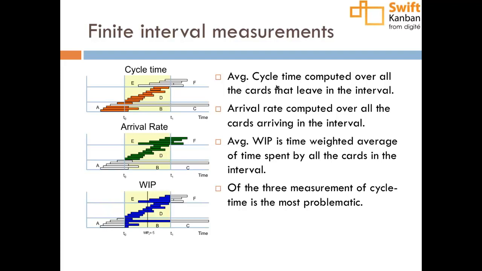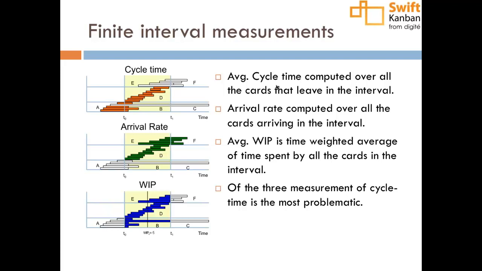Okay, and if you look at the second chart, the green cards are the ones, and the reason they are used in cycle time is those are the cards that finished in my time interval, and therefore I know how long they were in the system because they finished their work. So I have a place where I can say, or throughput, because they were completed, they participate in the throughput calculation. The green area in the second chart shows all the cards that arrived while we were in that time period. Some completed, some may not have completed.